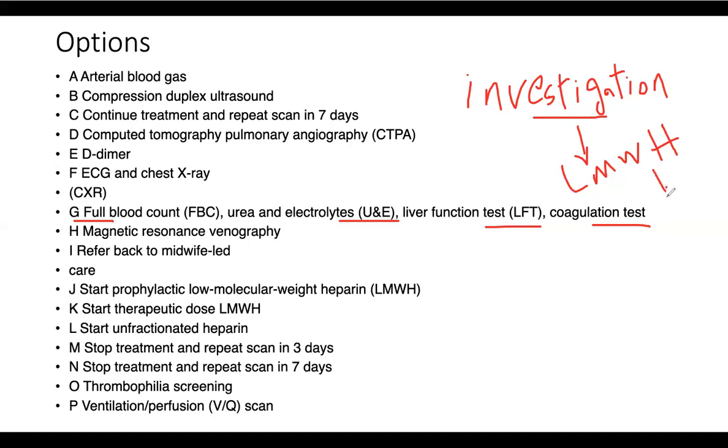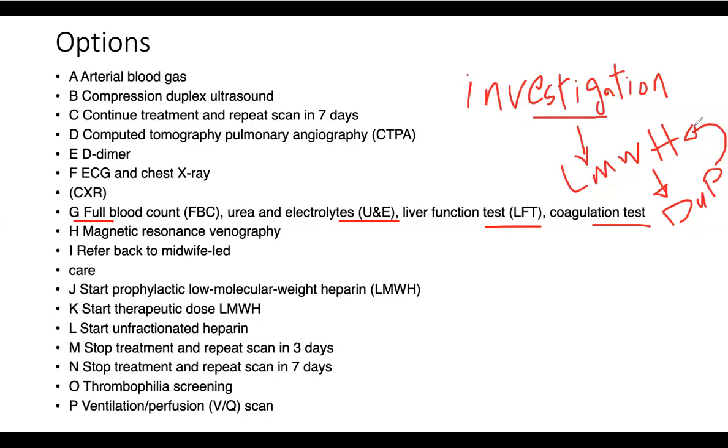Then the recommended investigation is the duplex ultrasound for the leg. If the duplex ultrasound is found to be normal, what will you do based on the ultrasound? The guideline told you: stop the low molecular weight heparin.